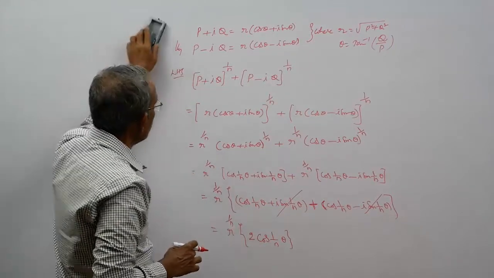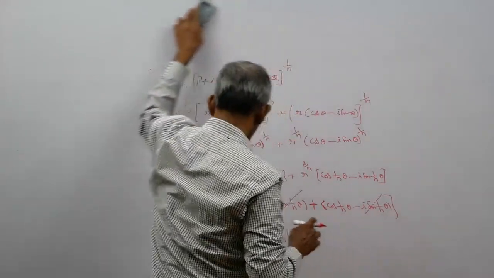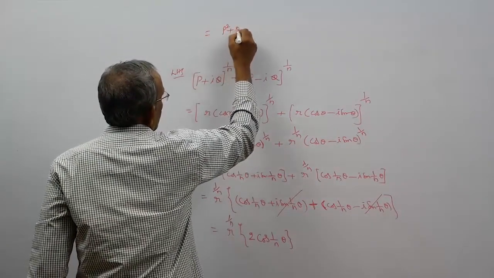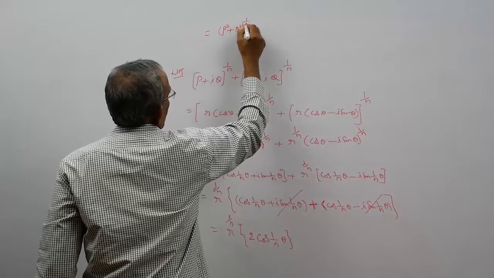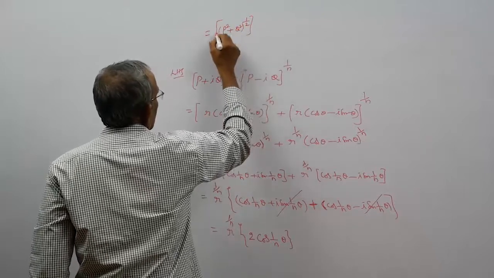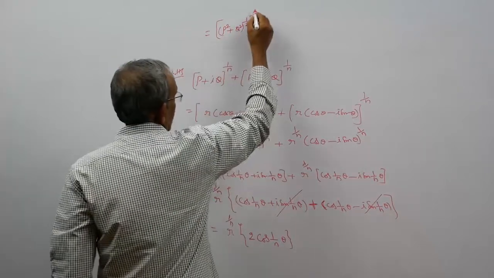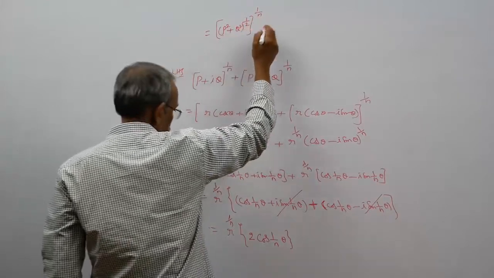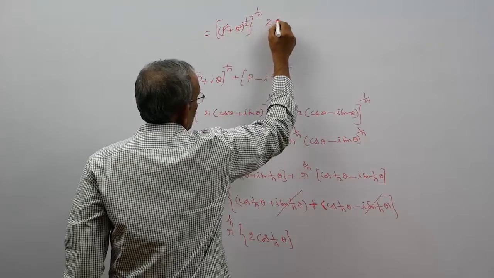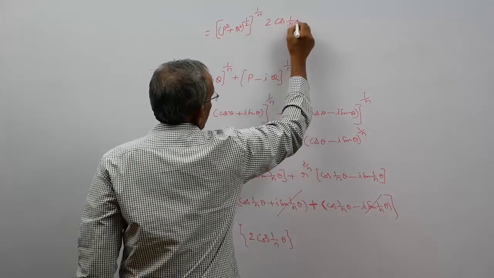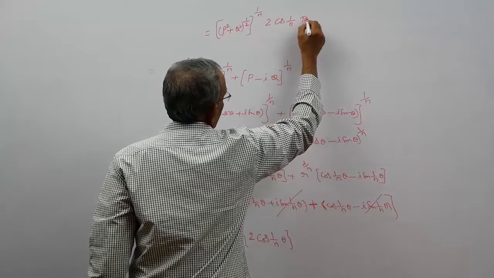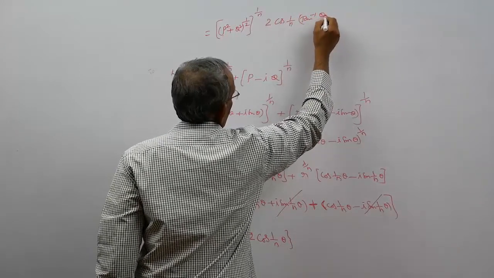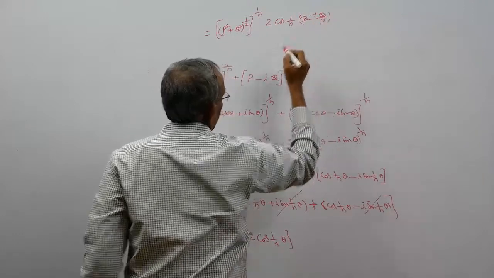Finally we get, r means (p square plus q square) whole to the power of 1 by 2, r to the power of 1 by n means ((p square plus q square) whole to the power of 1 by 2) whole to the power of 1 by n into 2 cos of 1 by n theta, where theta means tan inverse q by p.